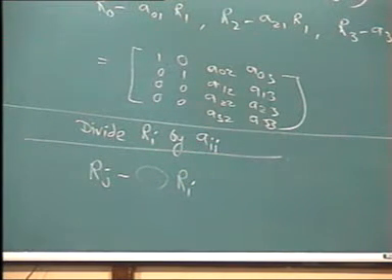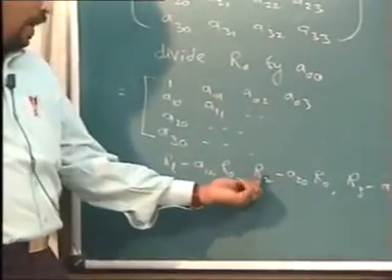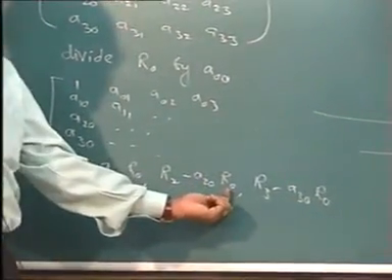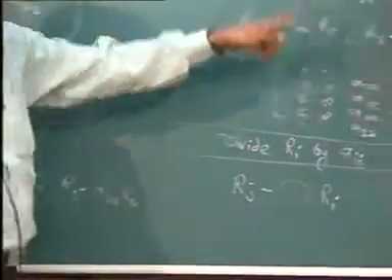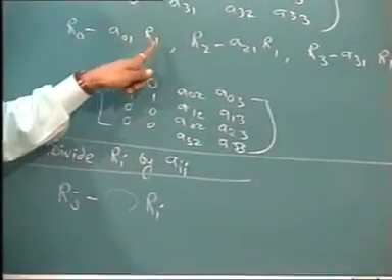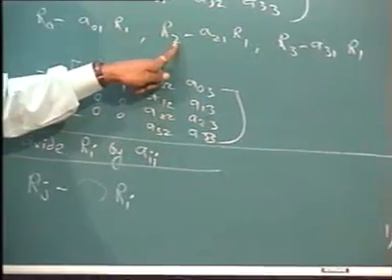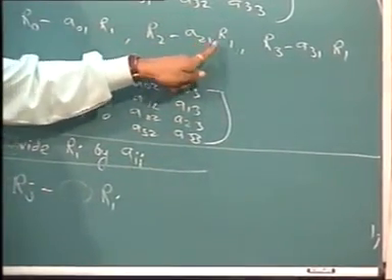And if you see the coefficient, R1 minus A10 times R0, R2 minus A20 times R0, R3 minus A30 times R0, R0 minus A01 times R1, R2 minus A21 times R1.